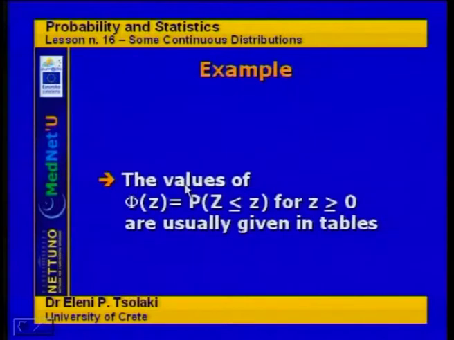Now, as we said before, usually the cumulative distribution function of the standard normal distribution is given in tables. Most tables prefer to give these probabilities for z greater or equal to 0.